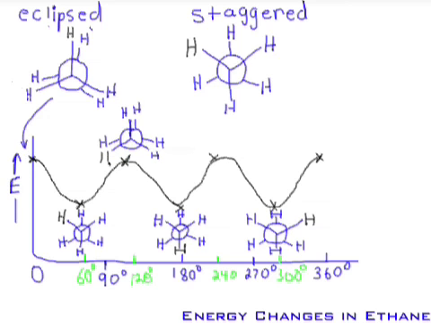So we're rotating the front methyl, and you can see as the methyl moves, it moves to the staggered position, then it moves to this position. So we're rotating around the ring, and I'm just drawing all of the eclipse structures and all the staggered. Okay, and let's draw this guy.